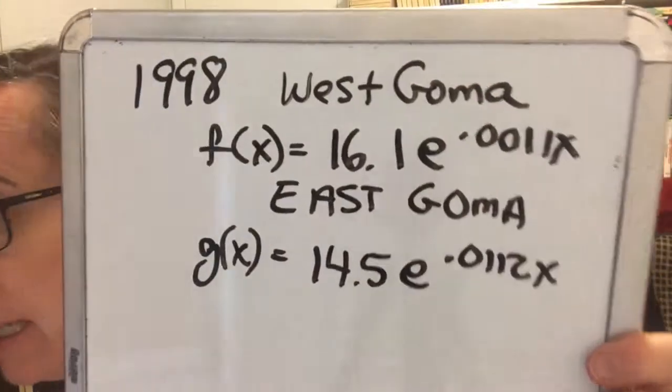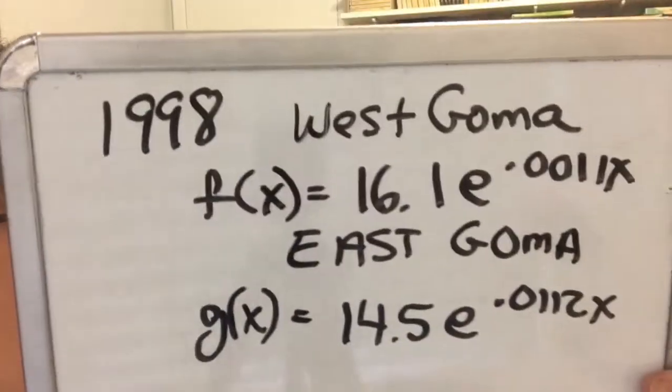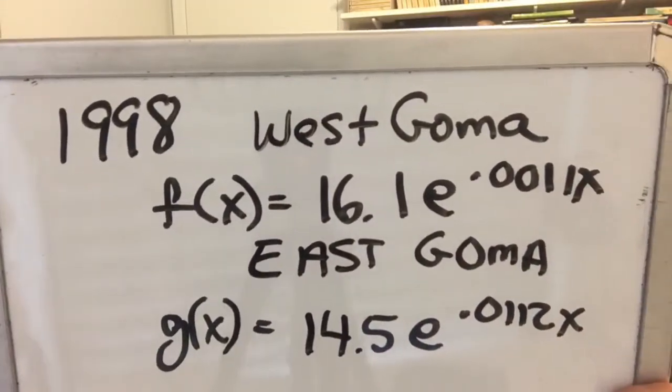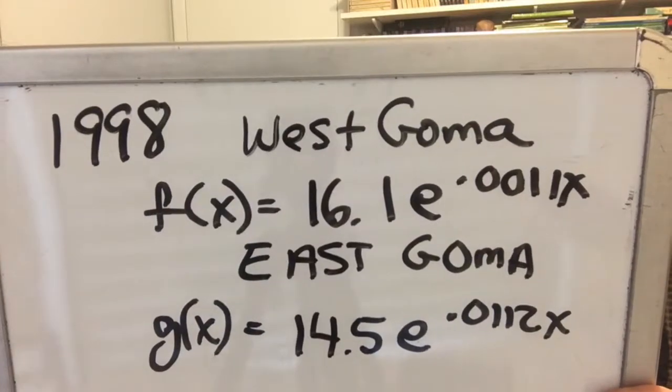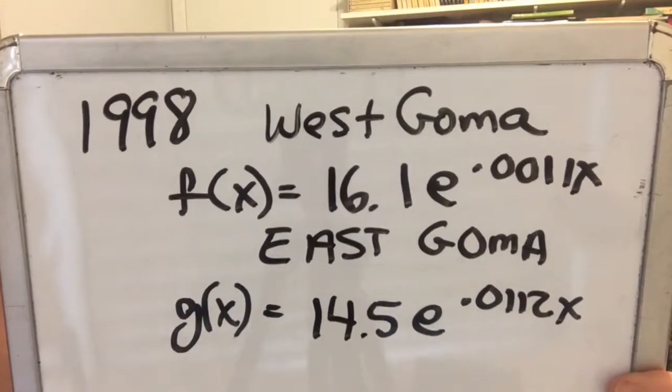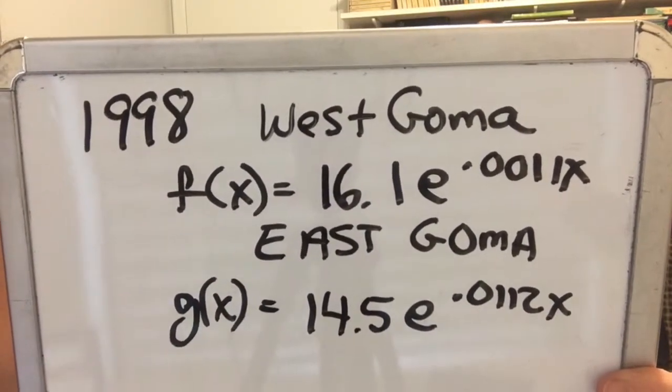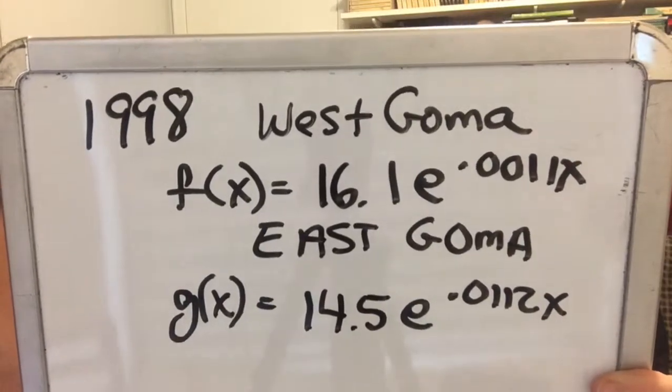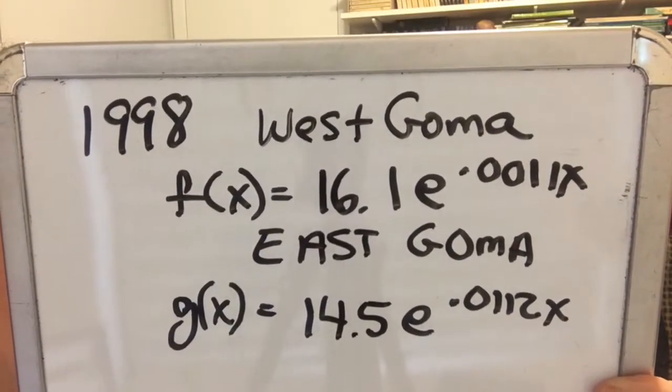All right, so the last one that we're going to do is the last one on the PowerPoint, and I'm going to read it to you. It says, in September 1998, the population of the country of West Goma in millions was modeled by f of x = 16.1e^(0.0011x).